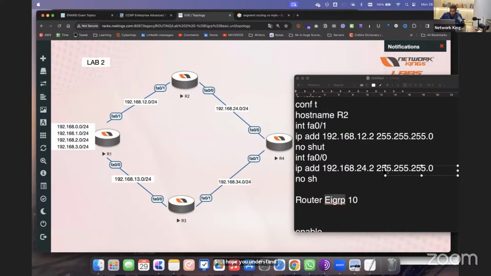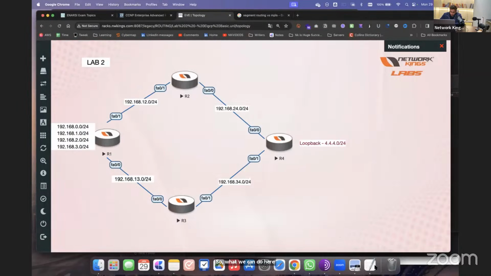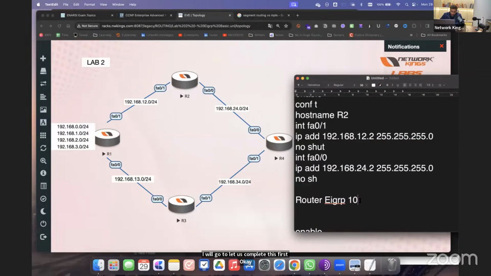So let's make this lab more engaging. I'll go to R2. Let's complete this first. So let's go to router EIGRP 10. Remember, the AS number should be the same on all the routers. AS number क्या होता है? Every company is assigned an AS number when you use BGP.